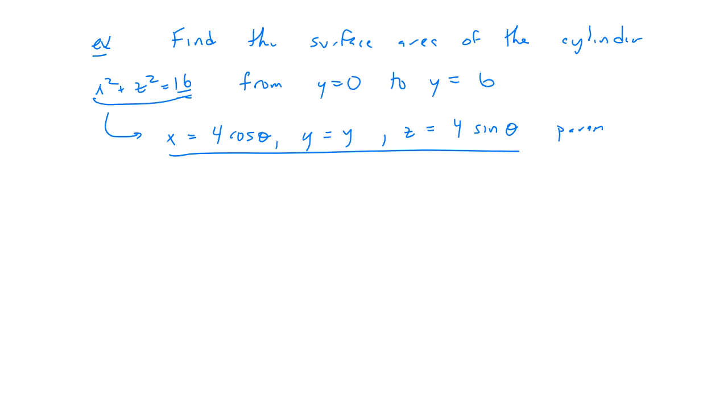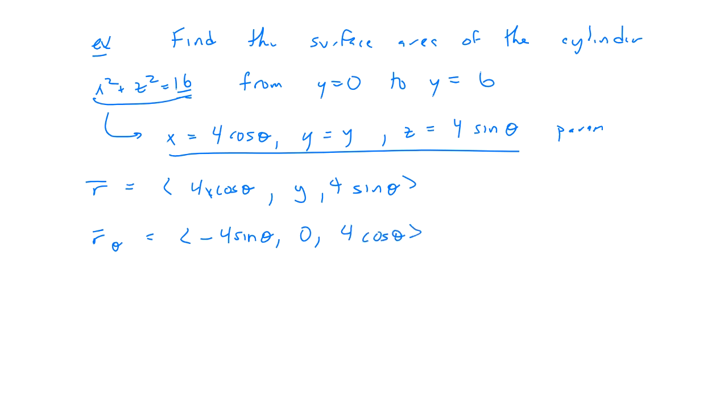I then take the two partial derivatives. So the derivative with respect to theta is equal to -4 sine theta, 0, 4 cosine theta.